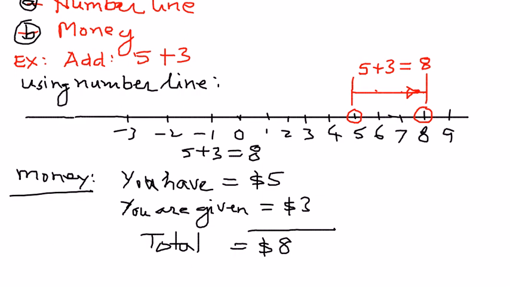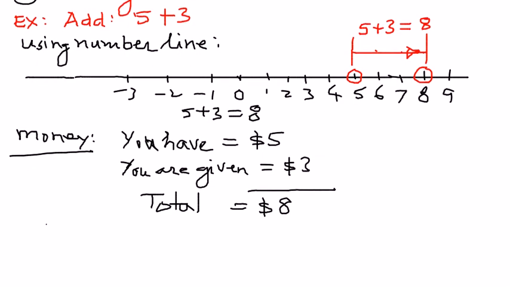There are situations where you have $5 and your friend owes you $3. So when he gives you back the $3, you have $5 with you, and when you add the $3, it is going to make it $8. The total amount of money you're going to have with you is going to be $8.